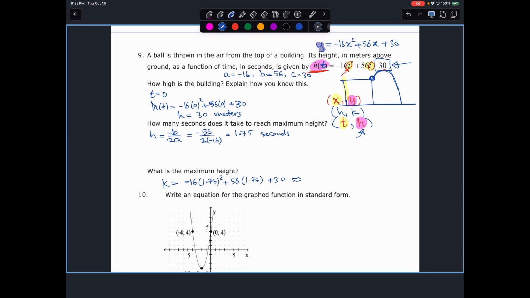And the final answer will be approximately 79 feet. So this is the k, and this is the h.